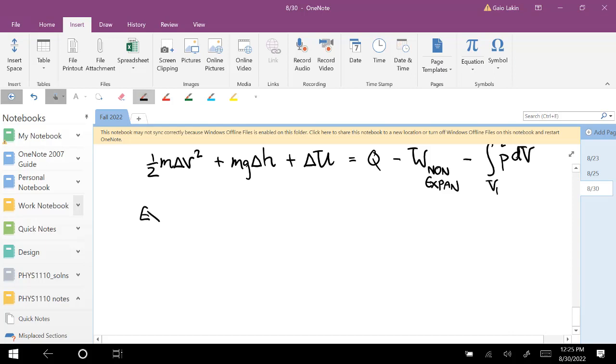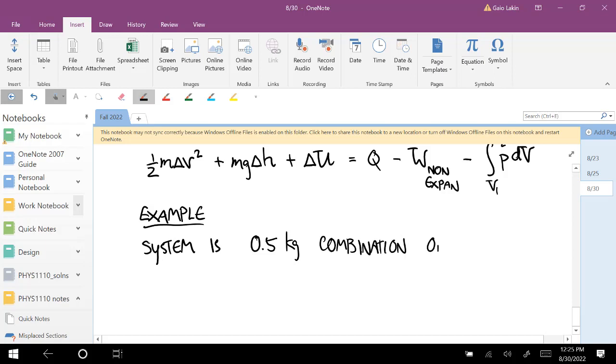Okay, so here's the first example problem. Let's say that our system is a 0.5 kilogram combination of the gas and the container that it's held in.